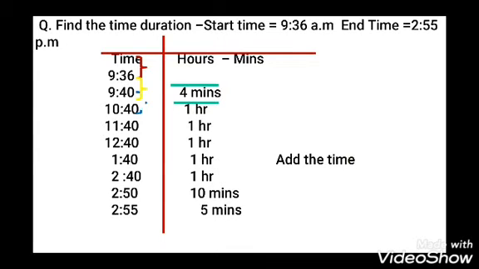Then 9:40 to 10:40 is 1 hour. 10:40 to 11:40 is again 1 hour. 11:40 to 12:40 is again 1 hour. 12:40 to 1:40 is 1 hour. 1:40 to 2:40 is again 1 hour.